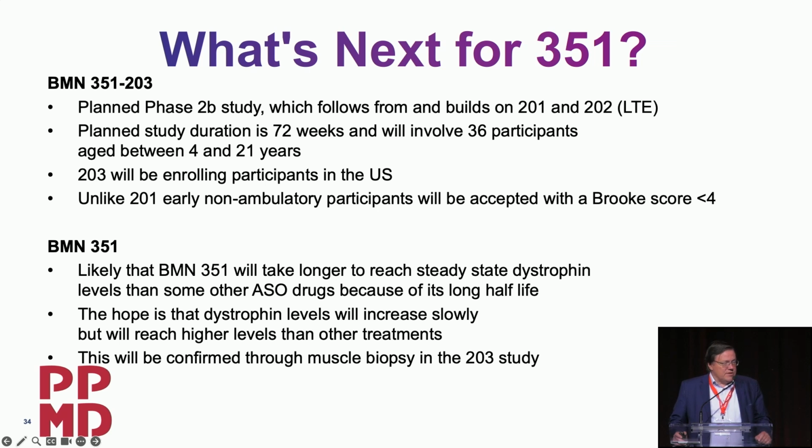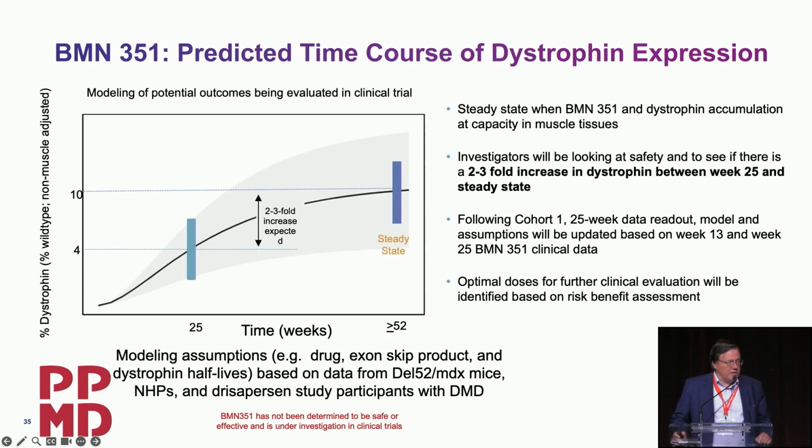They postulate here that one of the things about all exon therapies we have to think about is, as dystrophin is translated, it takes a long time to reach a steady state of dystrophin expression. So they have planned biopsies later, as you'll show. The idea here is that this might increase slowly.